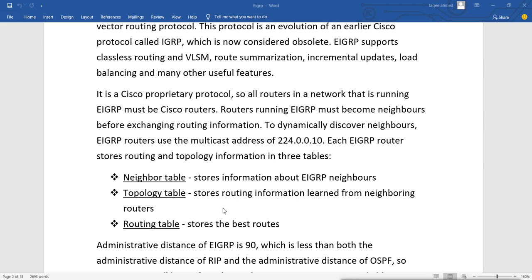But here EIGRP uses a topology table also. It stores the topology table also. This topology table has the information about all the learned routes from the neighbors, and it will help to reduce the convergence time.